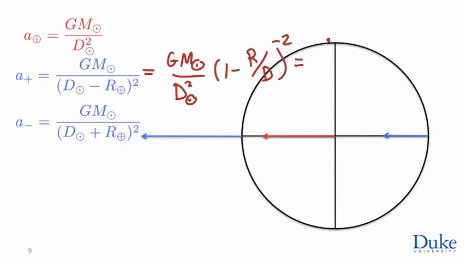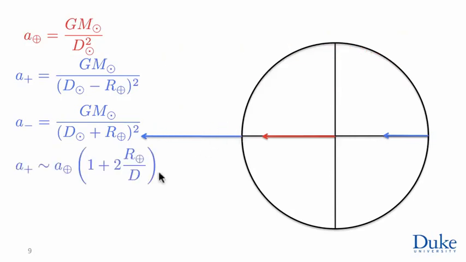And the result is GM over d squared times 1 plus 2r over d. And so this is our approximate value, valid because the Earth is much smaller than the distance to the Sun, for the value of the acceleration of gravity on the near side to the Sun.